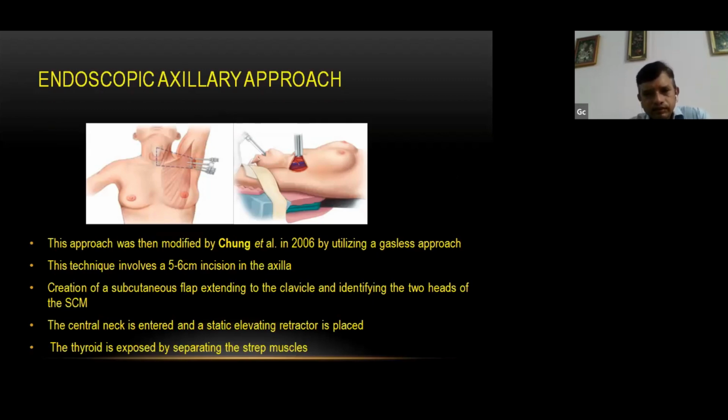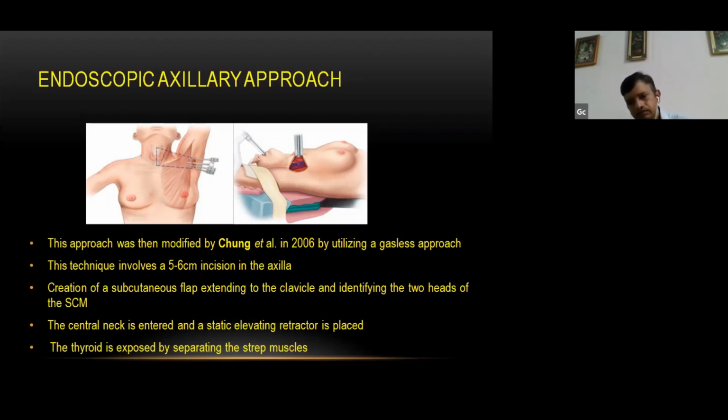So Professor Chung from Korea developed the gasless technique. What he did, he made a 5 centimeter incision into the axilla and dissected out, reaching up to the neck and putting all the instruments from there, and he developed a long retractor to lift the flap.